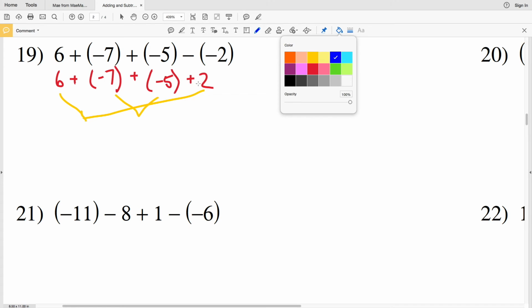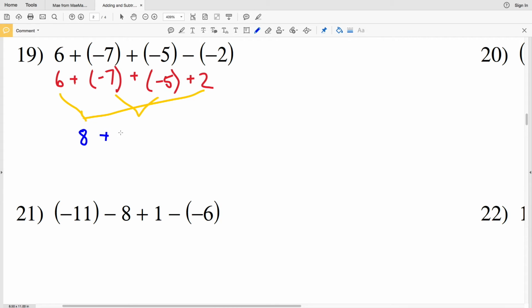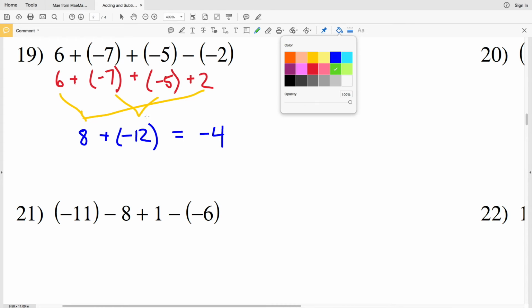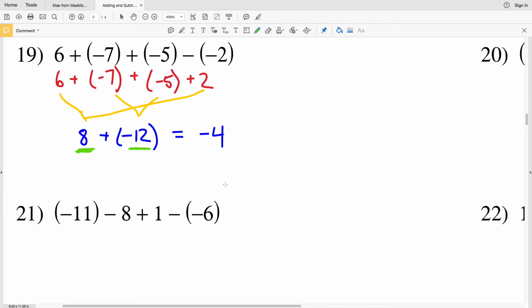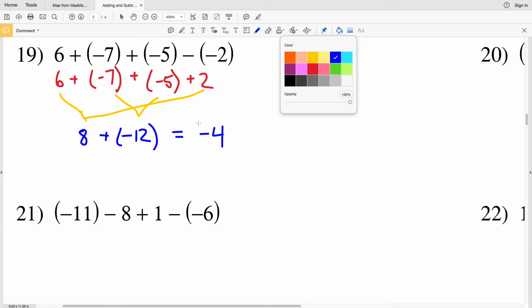So 6 plus 2 is going to leave me with 8, and negative 7 plus negative 5 is going to leave me with negative 12. 8 plus negative 12 is going to be negative 4. Think about this problem like this. The absolute value of 12 is greater than the absolute value of 8. So you know that we're going to have a negative number.